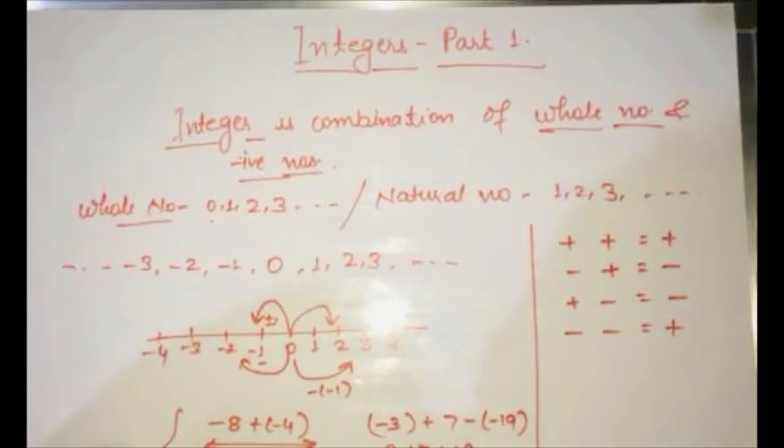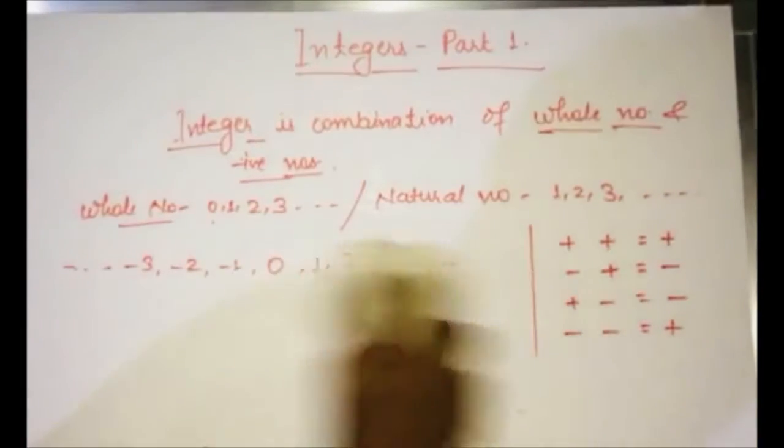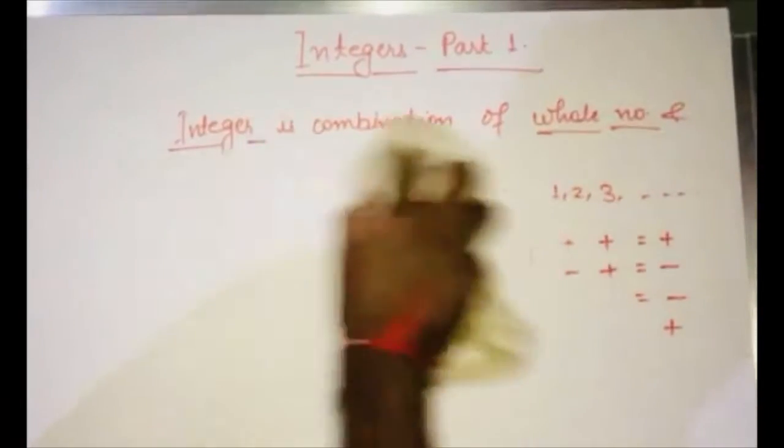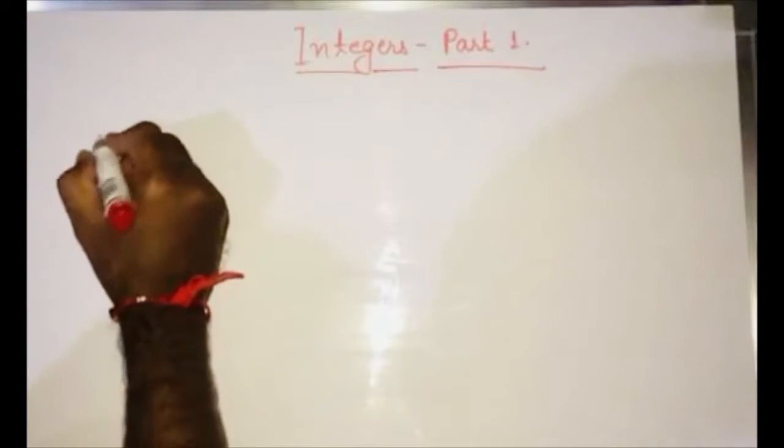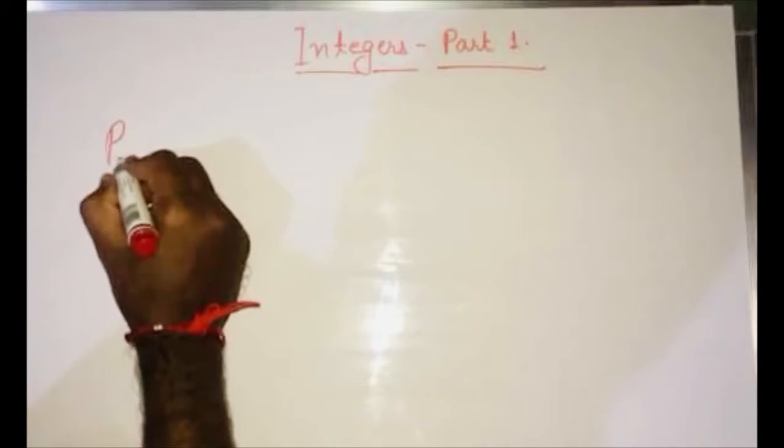Now we will move to the other part of this chapter. The next thing we will see is the properties. What are the types of properties that we have, and how are the properties applied on addition and subtraction?